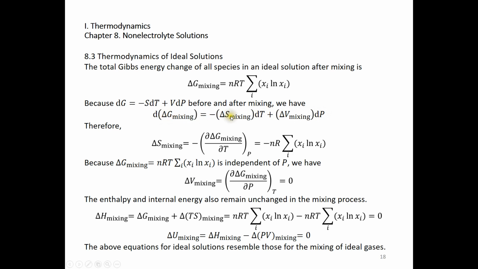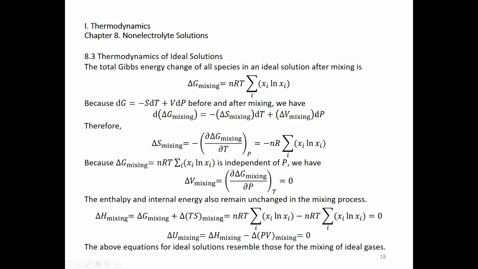So delta denotes the change, and over here we're looking at the mixing. So we're looking at the change of Gibbs energy after mixing. This is the change of entropy after mixing. This is the change of volume after mixing.